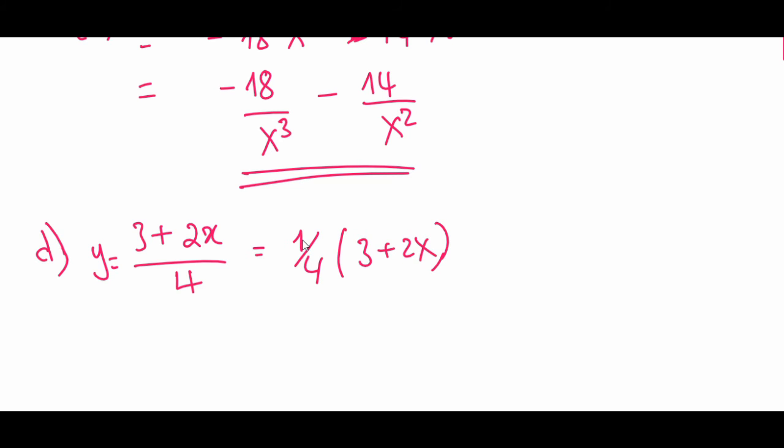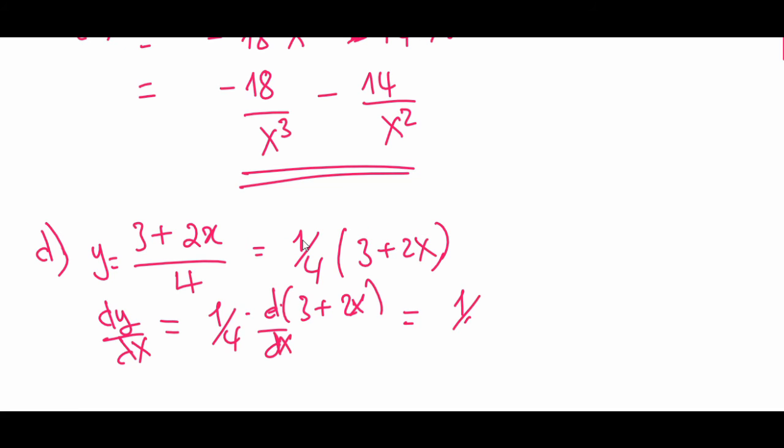Now when I find the derivative, dy by dx will be equal to 1 on 4 times the derivative of this expression with respect to x. So this implies we have 1 on 4 times, the derivative of a constant is 0, plus 2. So I will obtain a half.